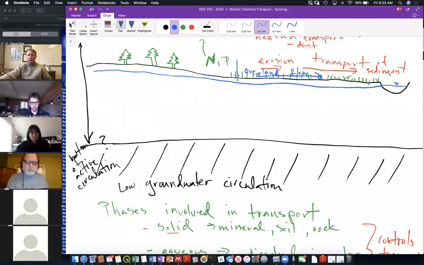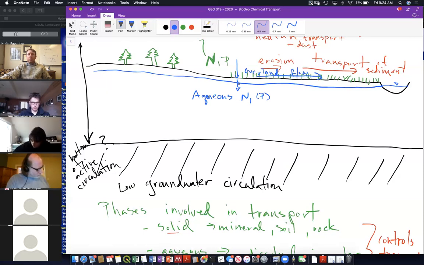It goes through the soil zone and into our groundwater zone, and it brings with it aqueous nitrogen and to a lesser extent phosphorus. So I'll put it in parentheses, phosphorus.